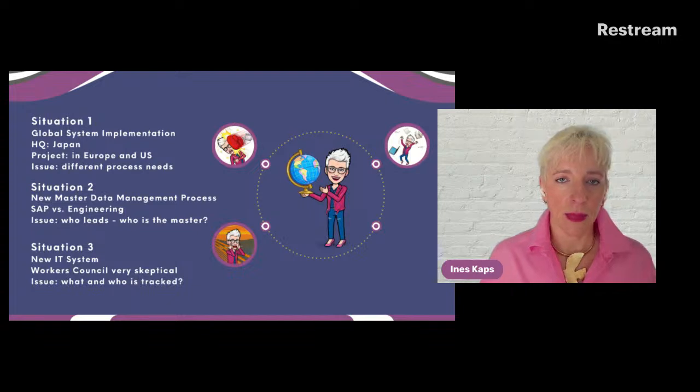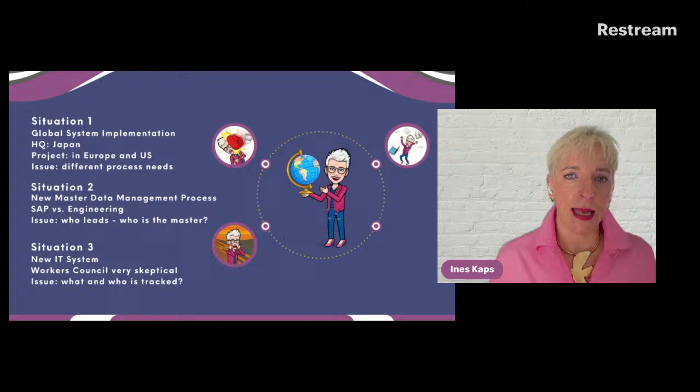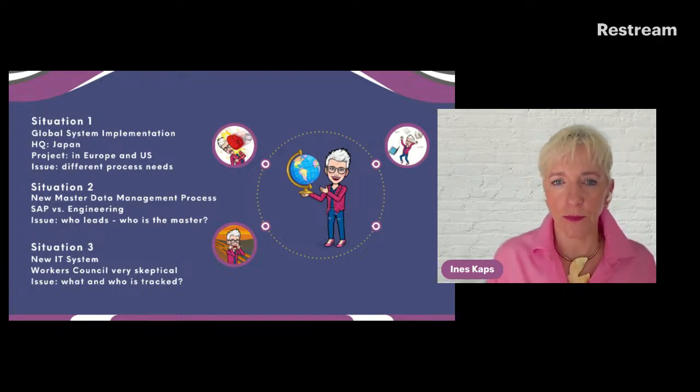One is a system implementation where you have a headquarter in Japan, and the project is actually focusing on the sites of the company in Europe and in the US. And the conflict that we had to solve was that the business wanted to implement a global process that should be used globally, standardized in every site and in every country.